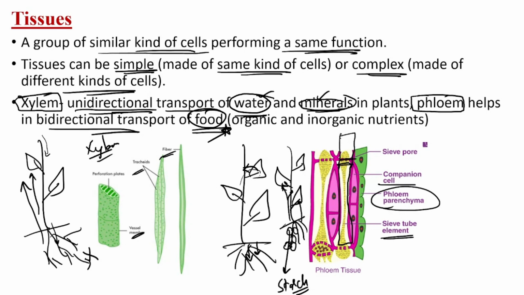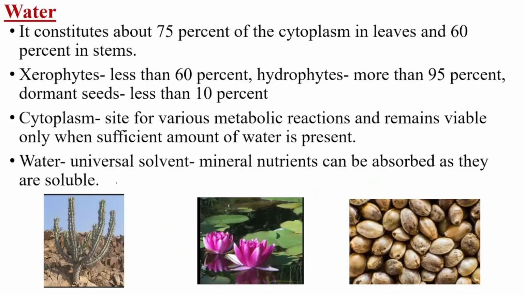They are associated with a companion cell which has a nucleus, and close to it is the phloem parenchyma, which helps in support and storage. In the same way, xylem has vessels, tracheids, and fibers. The xylem vessels are continuous, with perforation plates that allow the movement of water upwards.